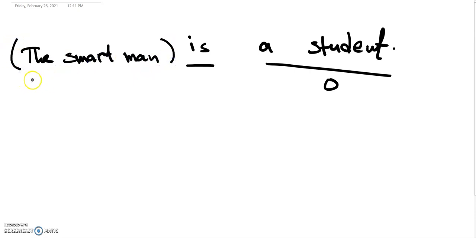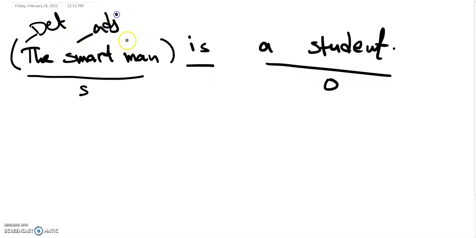So again, we will say that this subject consists of a determiner, an adjective, then a noun. This group of words is governed by the noun, which is man. So because of that, I'll name this group as noun phrase.